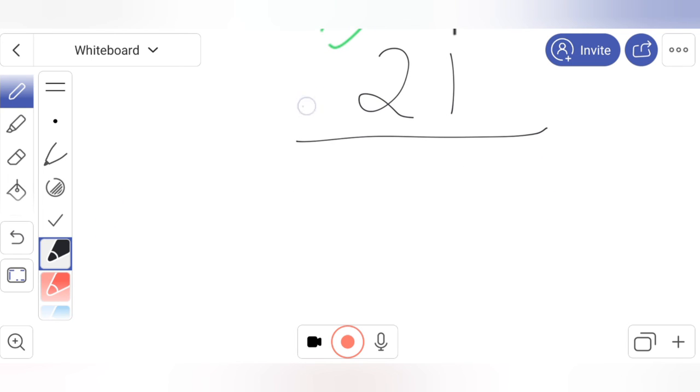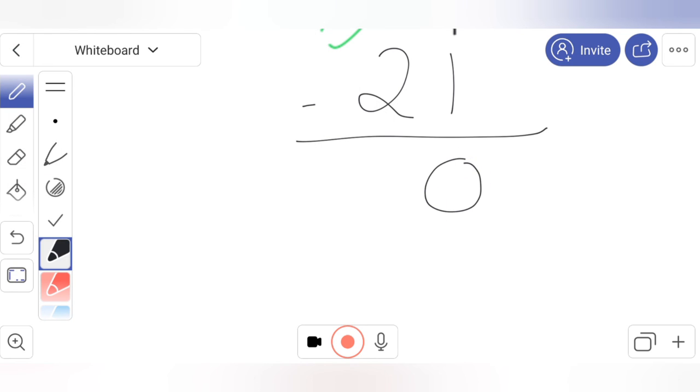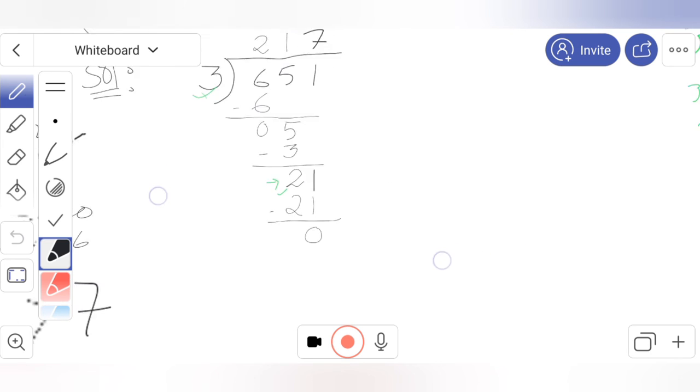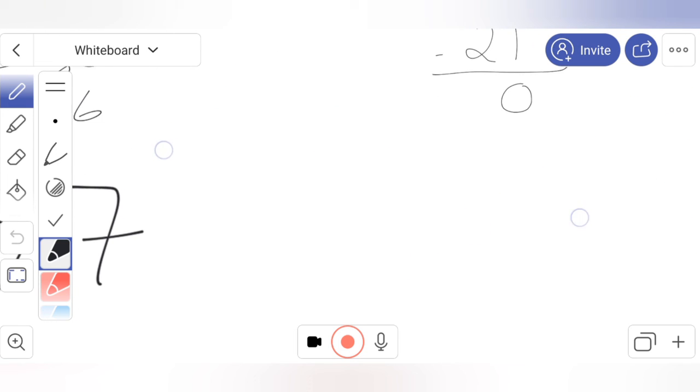So now you have to subtract. If you subtract, how much will you get? You will get 0. Now how much is the quotient? The quotient is 217 and the remainder is 0.